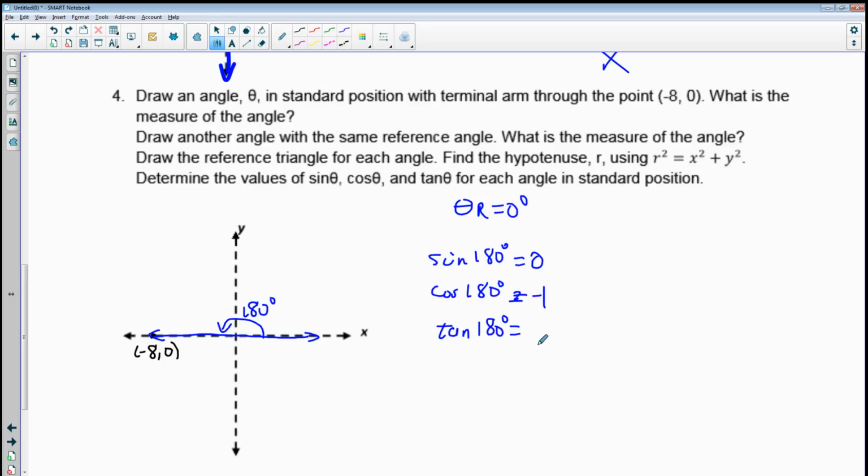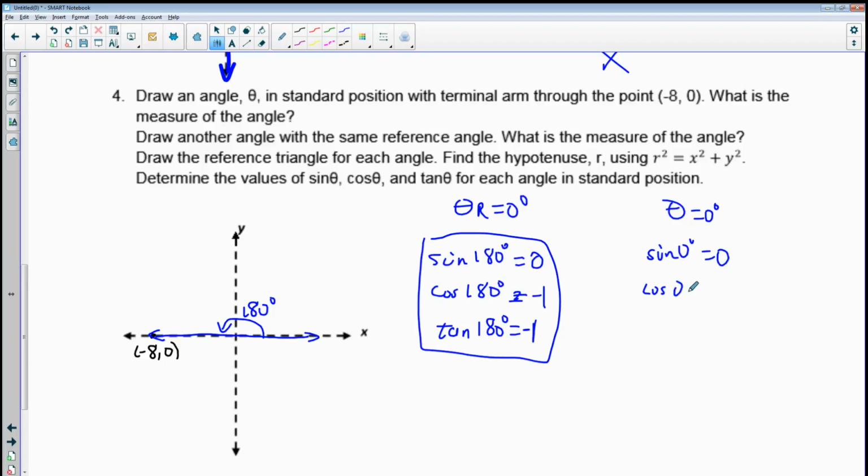is equal to, well, r is 1. In this case r and x are equal in size, so it's actually -1 as well, because x is negative. So that's for that. When theta is equal to 0 degrees, though, sine of 0 is 0, cos of 0 equals 1.